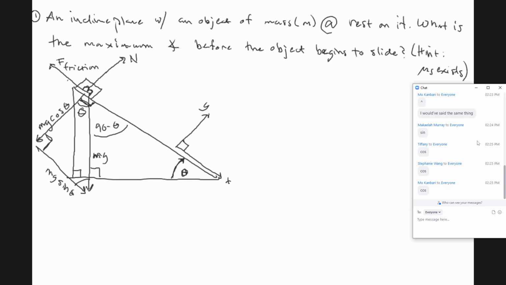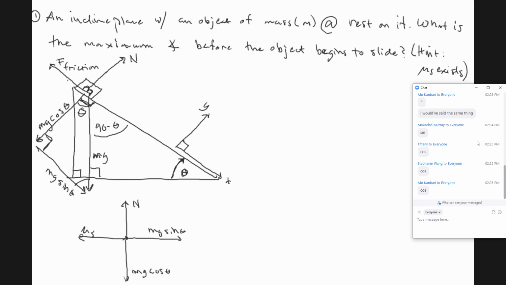So, net effectively, what have we done? We've taken a problem that is on an incline and made it into a problem that's horizontal. So this is going to be mg sine of the angle. We have mg cosine of the angle going down. We have normal force going up, and we have frictional force, which is what?